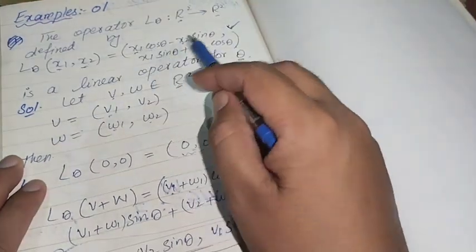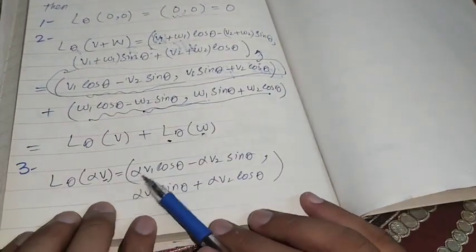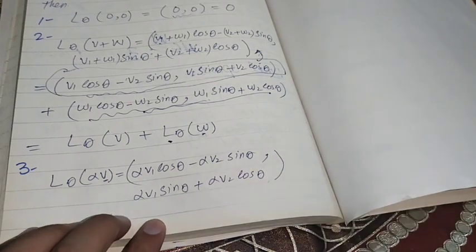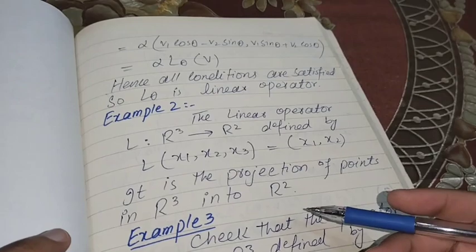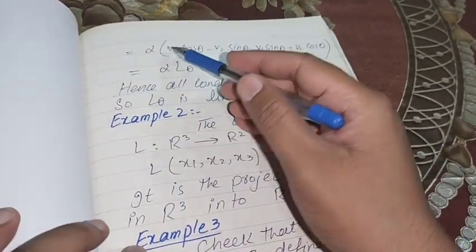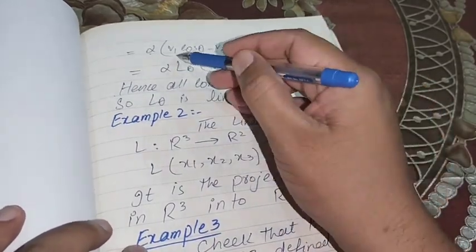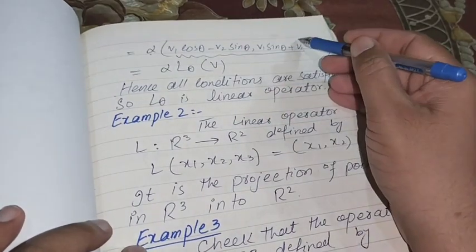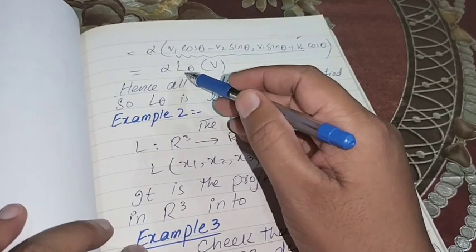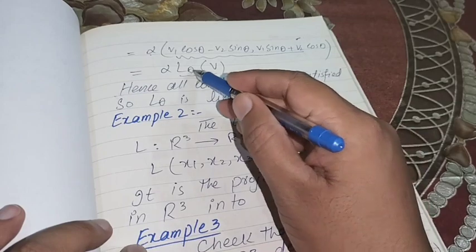When we multiply each term by scalar alpha, we will easily get this form. After that we take the common alpha from each term, and we will get the expression in this form, which is the linear operator defined in the given statement, which is equal to L theta of v.